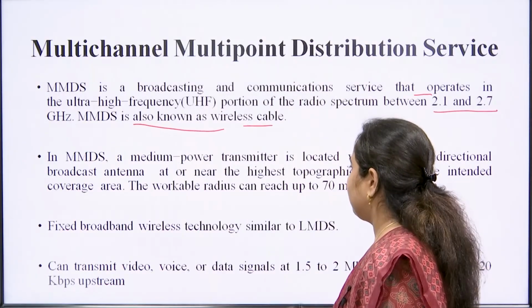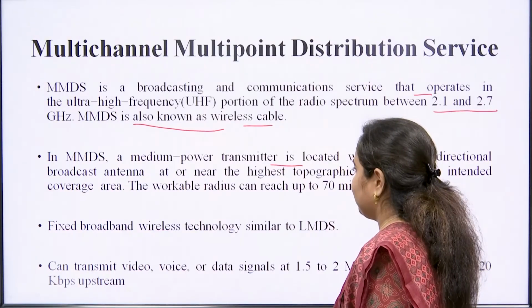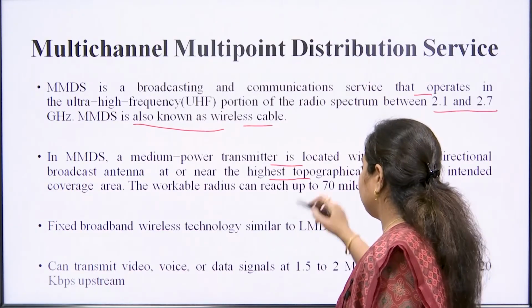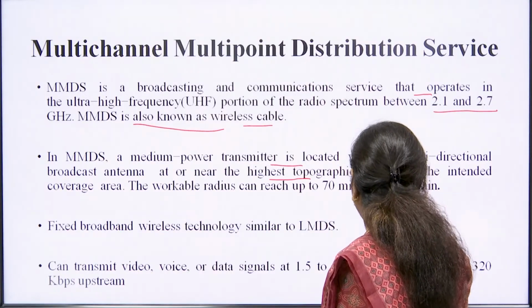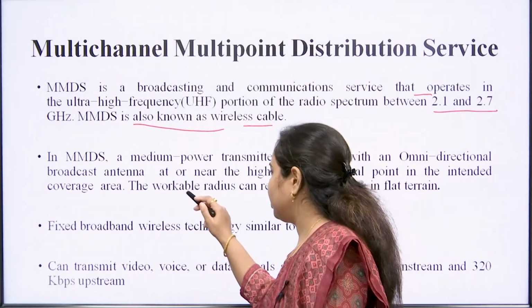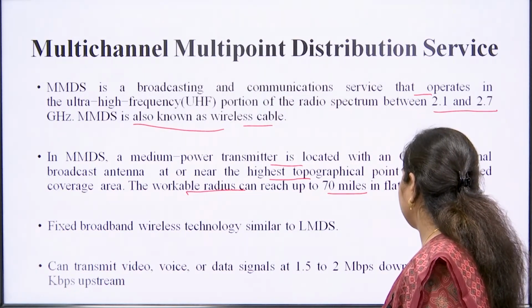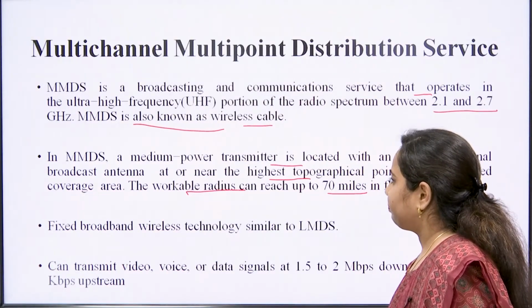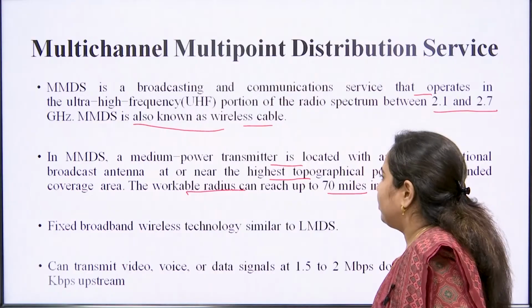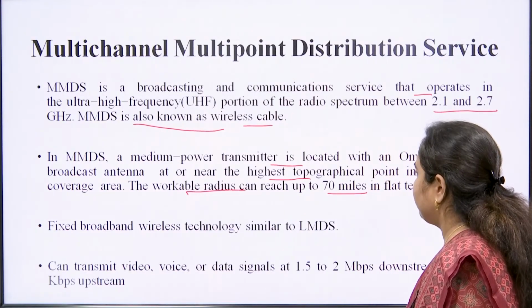In MMDS, a medium power transmitter is located with an omnidirectional broadcast antenna at or near the highest topographical point in the intended coverage area. The workable radius can reach up to 70 miles in flat terrain. So, a medium power transmitter is required for the purpose of transmission.